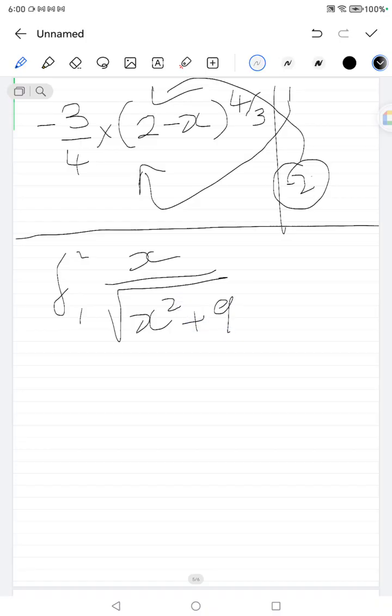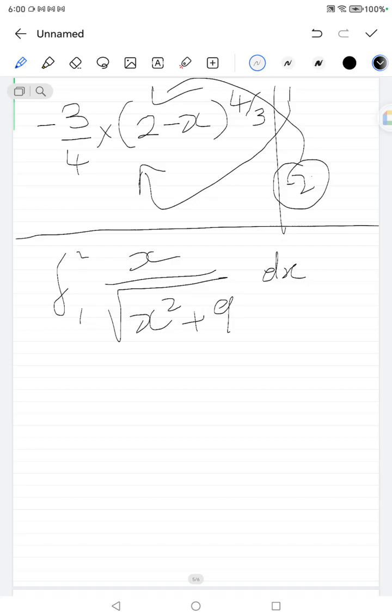x squared plus 9, your dx, you see. So yeah, now we go again and look, okay, where can we let our portion of the function be u, and also you see if we let that part be u, does it have a clear derivative, and does it make the whole thing much easier?